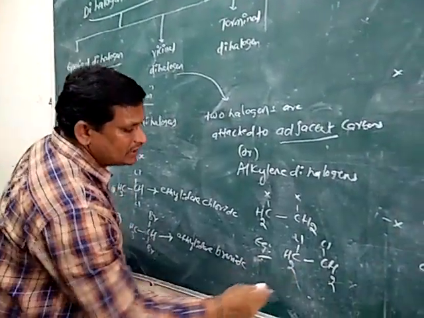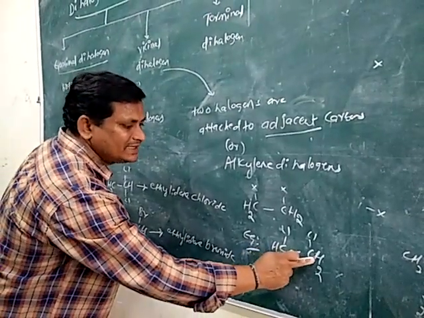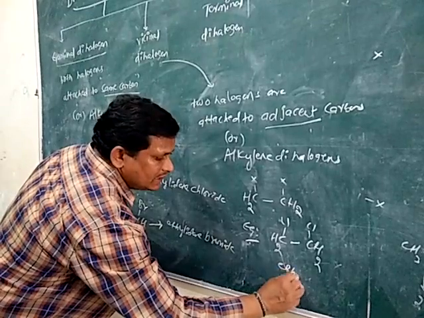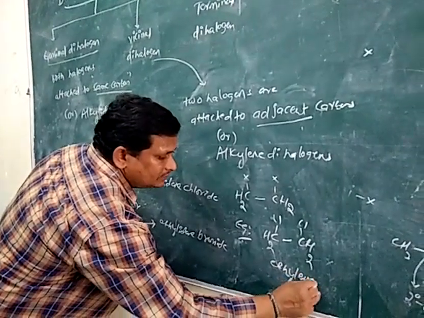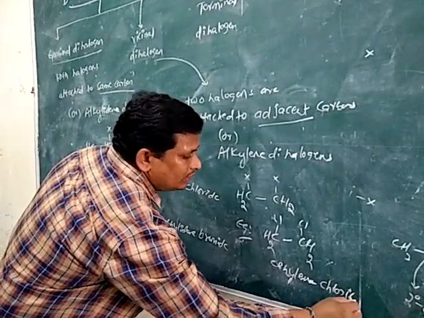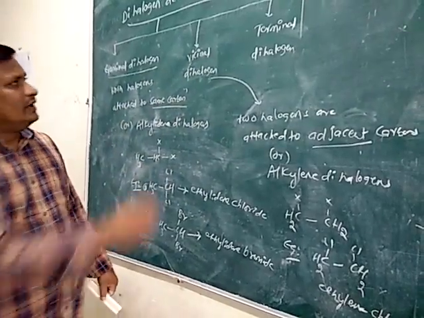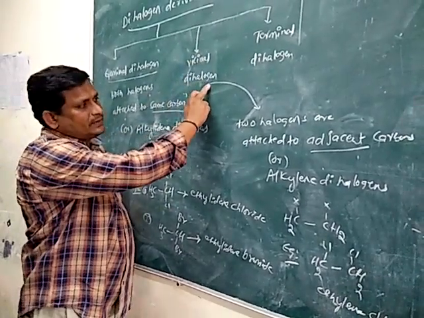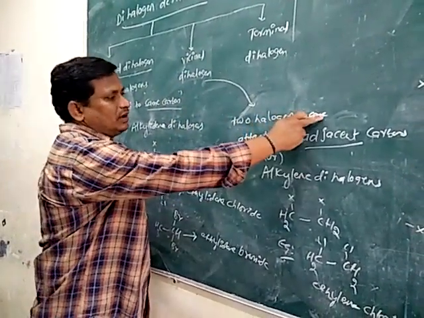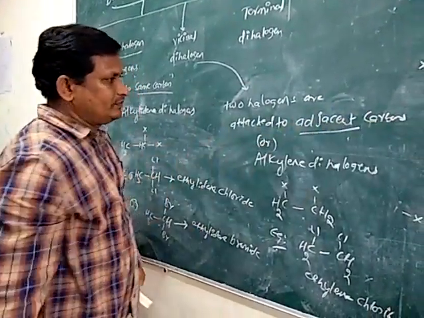The name of the compound: the number of carbons is 2, so it is ethylene chloride. So these are the vicinal dihalides. Vicinal dihalides means two halogens are attached to adjacent carbons.